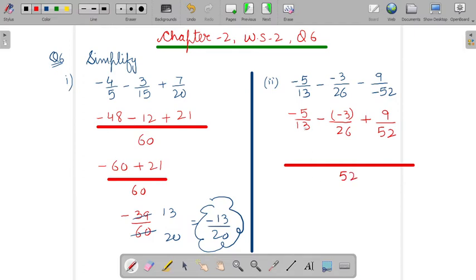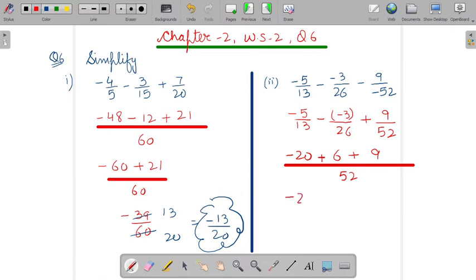Now divide 52 by 13. So what would it be? 4. Multiply it with minus 5, so minus 20. Now here minus would become plus, so plus 52 divided by 26 is 2, multiply 3, so it would be 6, and here it would be 9.